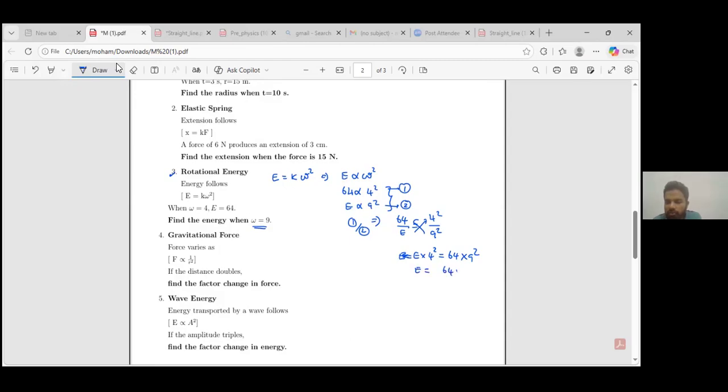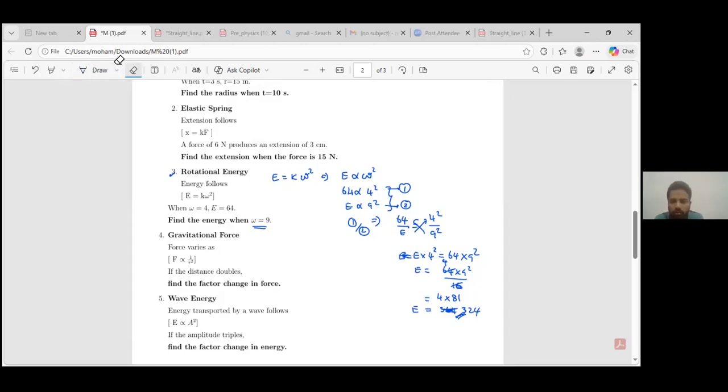So E equals 64 into 9 squared over 16, since 4 squared is 16. 64 by 16 is 4. 9 squared is 81. 4 into 81 is 324. So E is equal to 324.